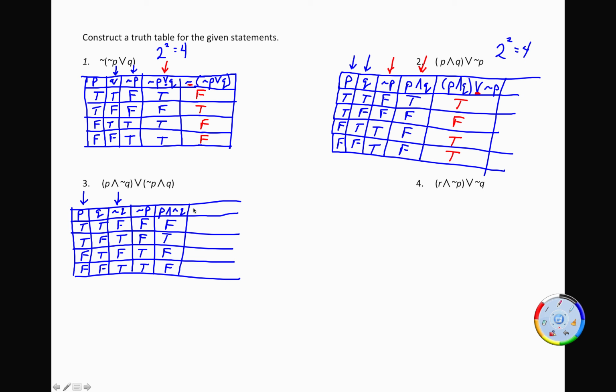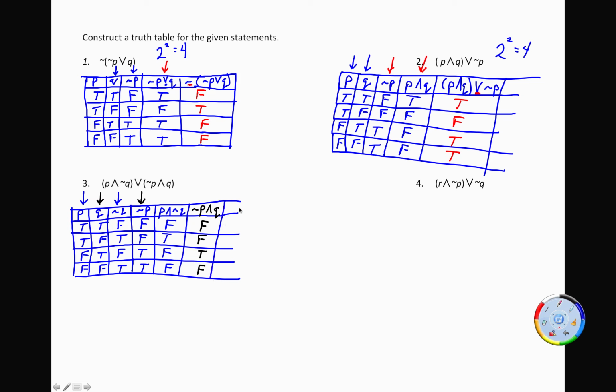Then I've got inside my other parentheses not P and Q. So I'm going to do not P and Q based on what it means to be and. They both have to be true, so they're not both true, they're not both true, they are, and they're not.